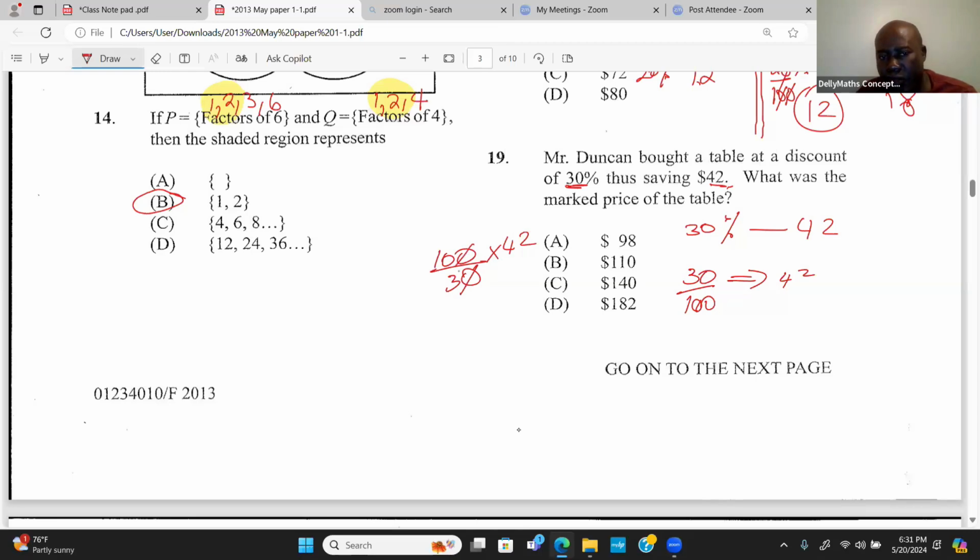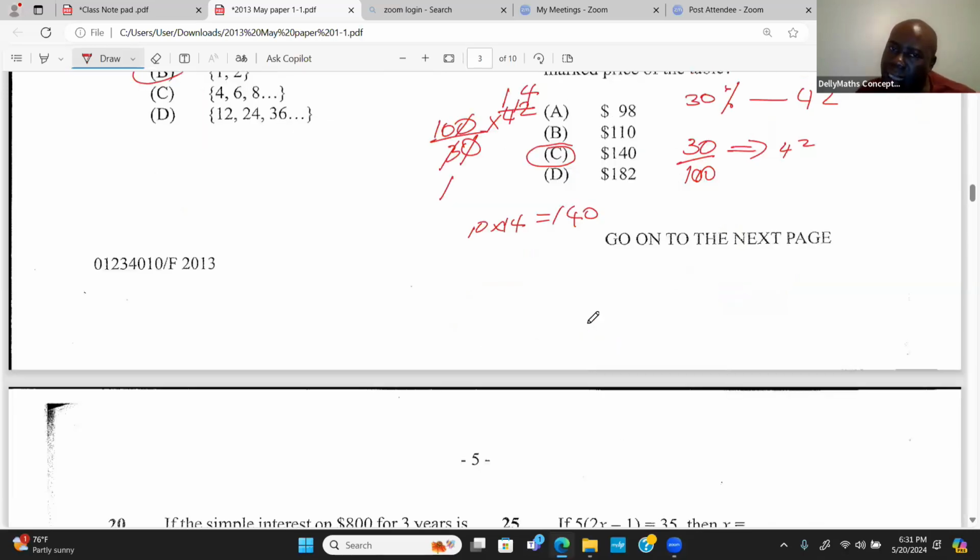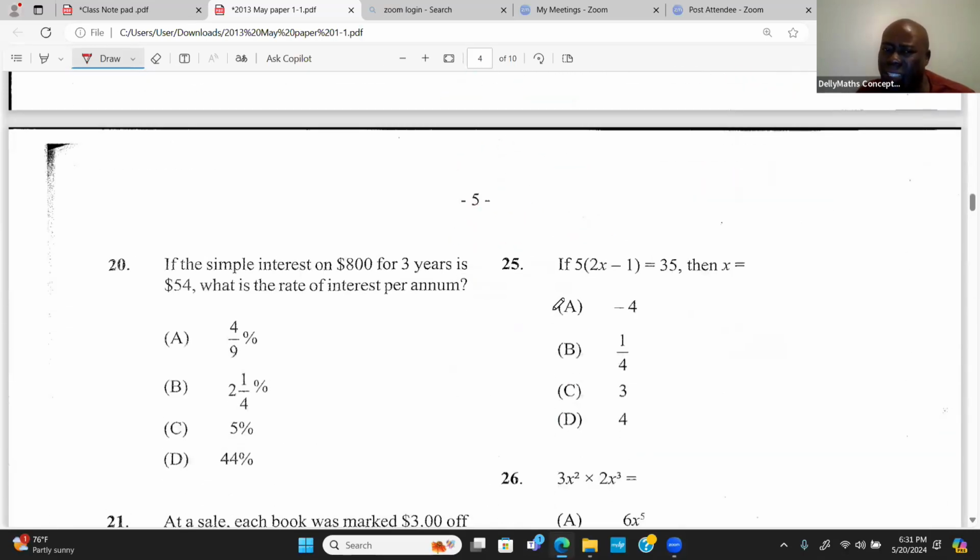All right. So we have 3 into 4, 1, carry 1. So this is 14. So we have 14 times 10, and this is going to give me 140. The answer is C. So it takes you there. There are many other ways you could do it though. Each time I have a question like these, I'm seeing 3 or 4 ways that you can approach them.